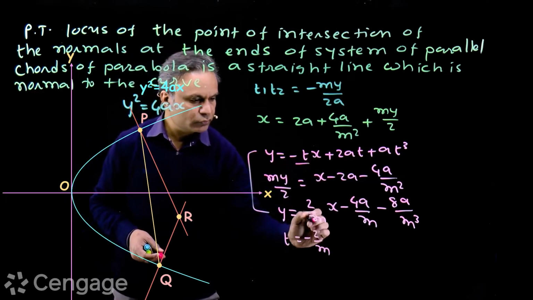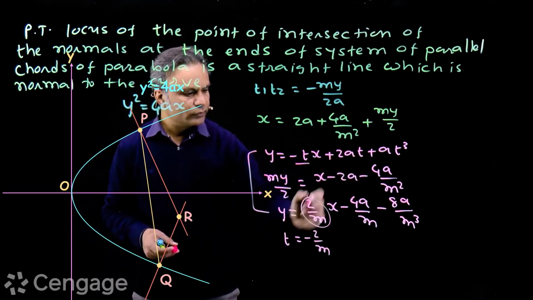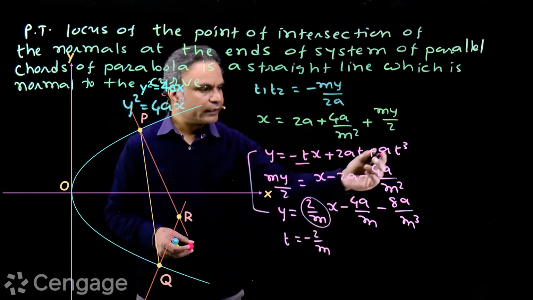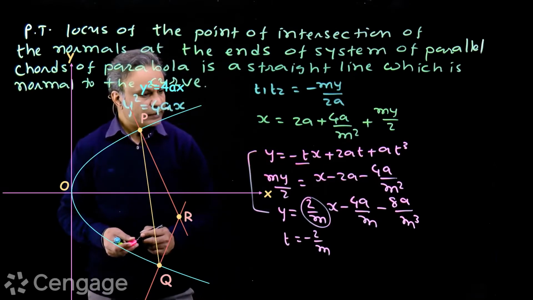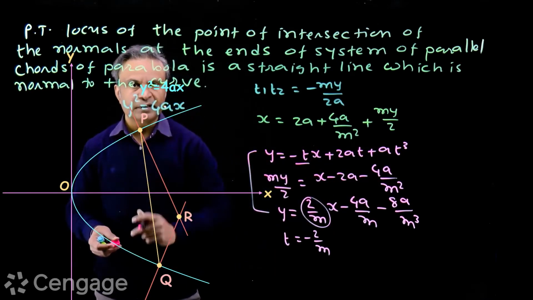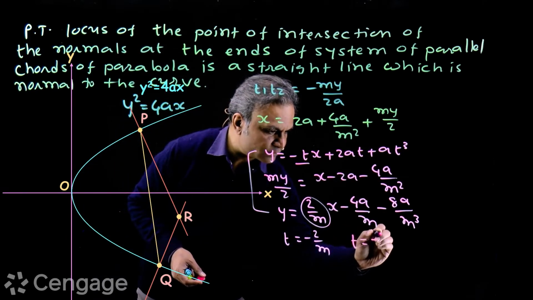Minus t is equal to this, so t is minus 2 upon m. Put here t is equal to minus 2 upon m, we get minus 4a upon m, and here minus 8a upon m cube. Okay, so this is the equation of normal to this parabola at the point whose parameter t is minus 2 upon m.